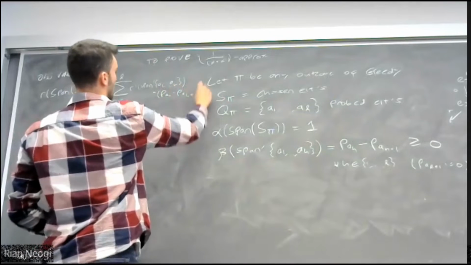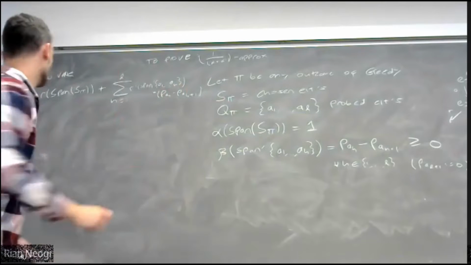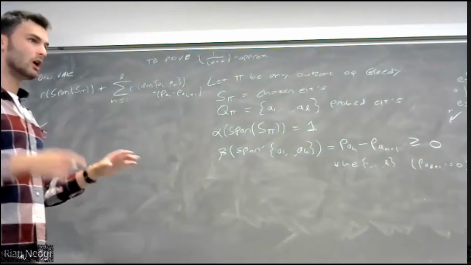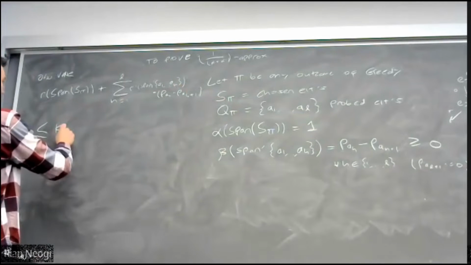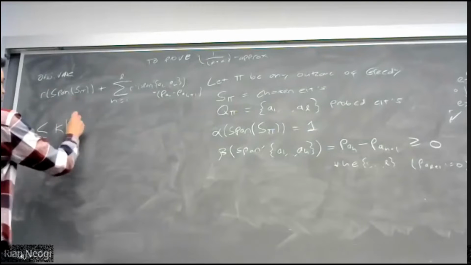Here we use the previous claim: because the inner constraints are a K system, the rank of the span is at most K times the rank of the set. But this is the set of chosen elements, so it has to be independent, so the rank is just the size.